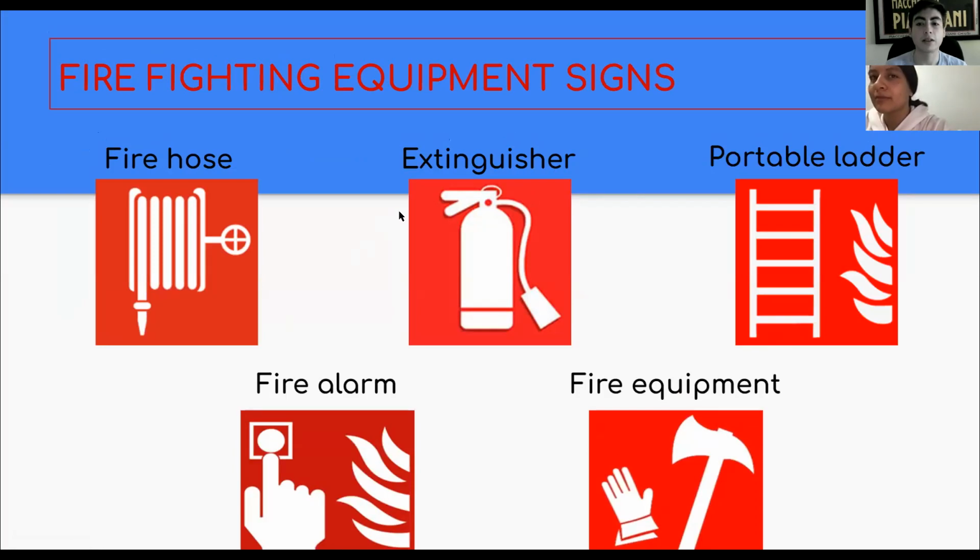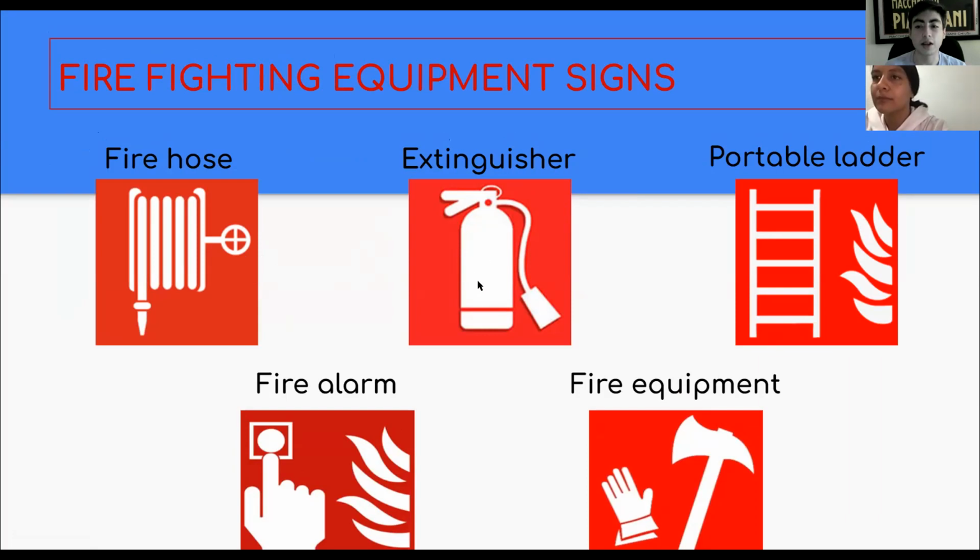Firefighting equipment signs. This type of international sign indicates equipment to fight fire. The first signage is fire hose. This indicates where the hose is located to control fires. The following signage is extinguisher.